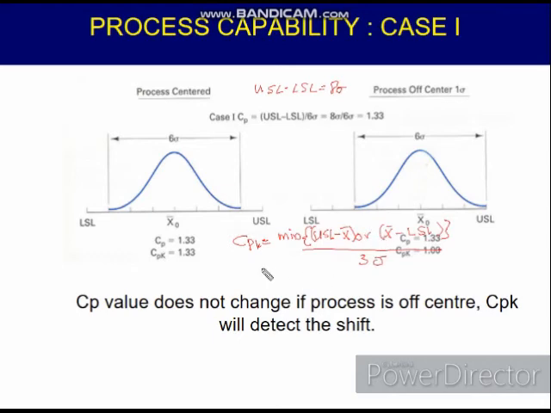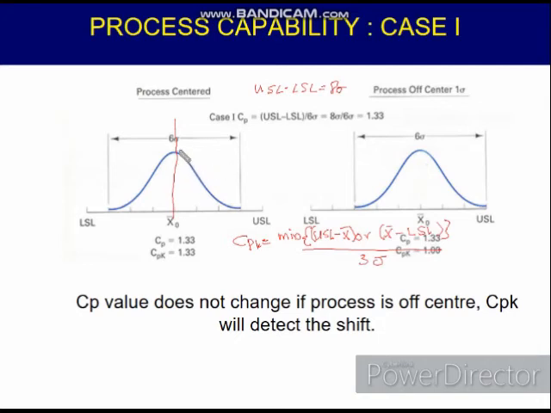So if you calculate the CPK using this, then what you have is the USL minus x bar is equal to here. So this is the x bar.